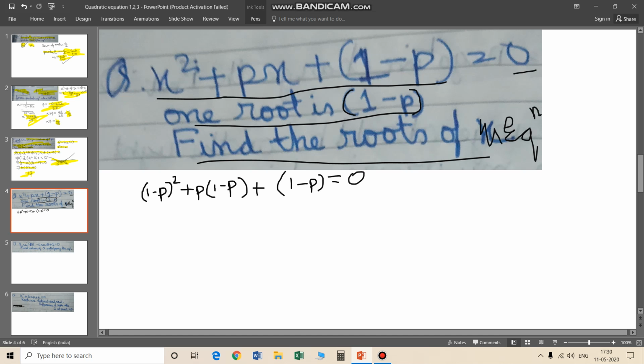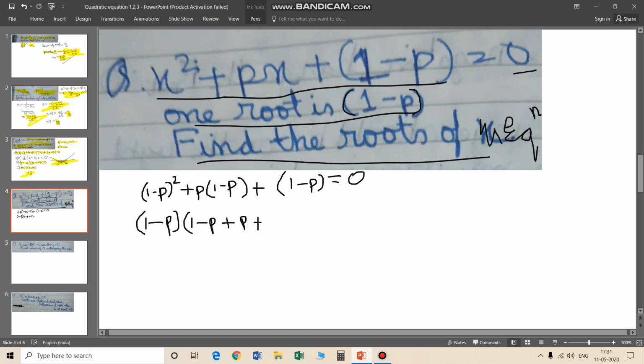No need to simplify it more. We can easily take 1 minus p common. Then the process will be shorter, and as I always tell, a shorter process is the most important thing in competitive exams because it takes less time, and less time is the guiding factor in various exams.